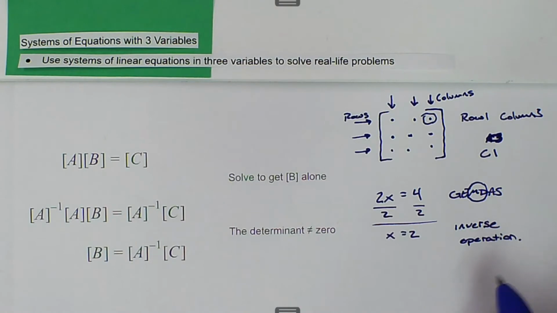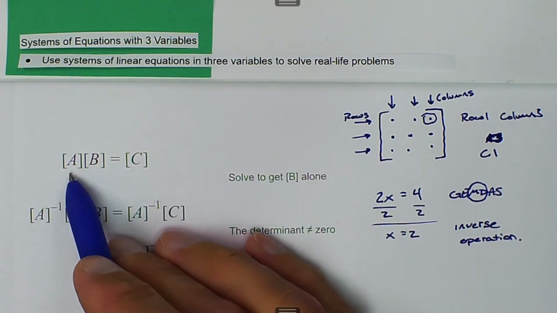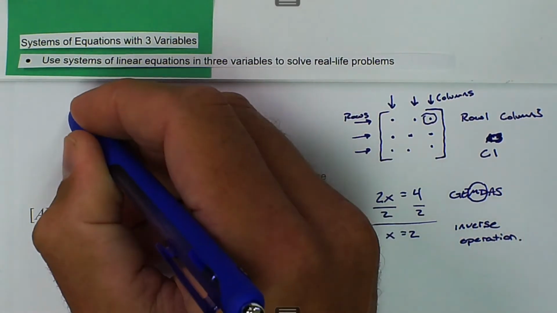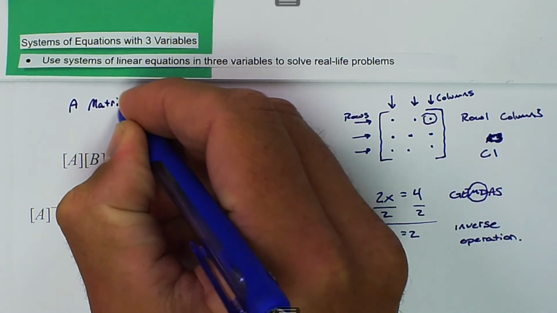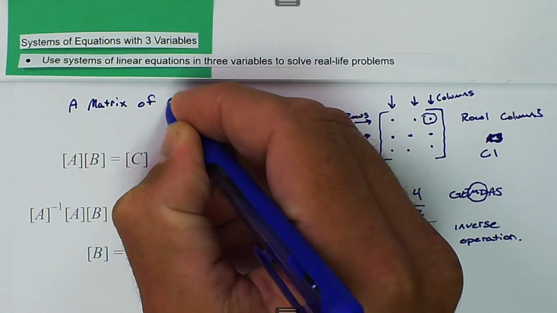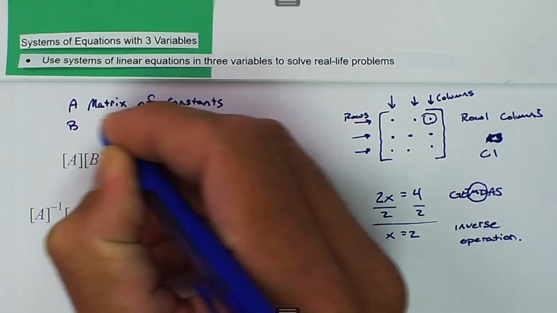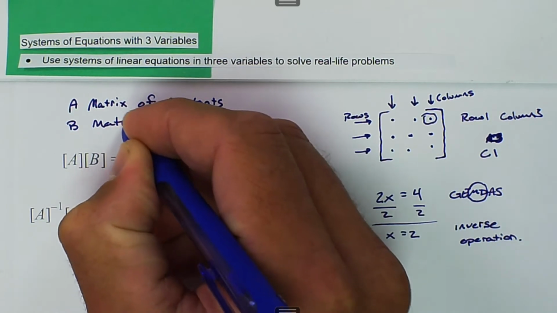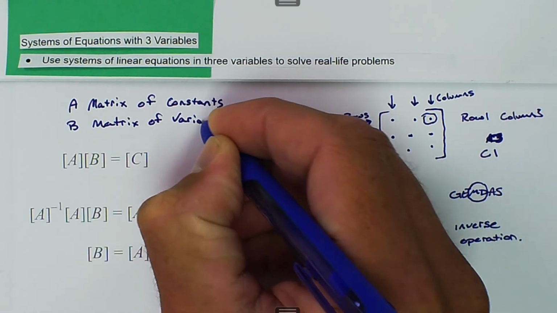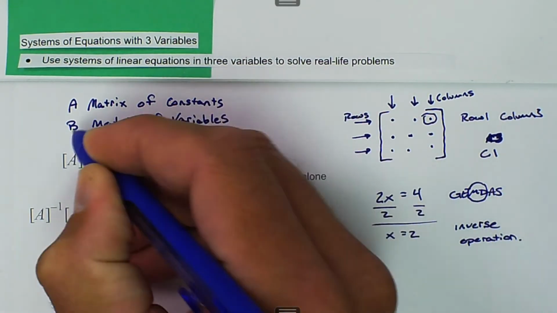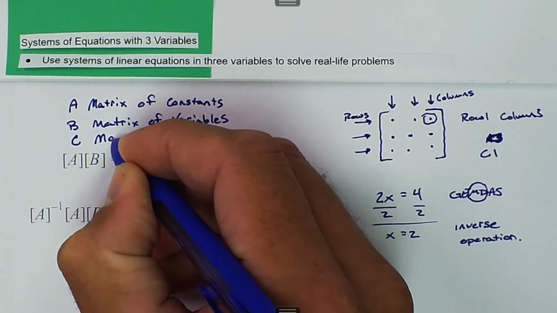Okay. Well, it's the same thing if we have matrices. So here we have A, and A will be a matrix of constants. B will be a matrix of variables. And C will be our answer, or matrix of the solutions.